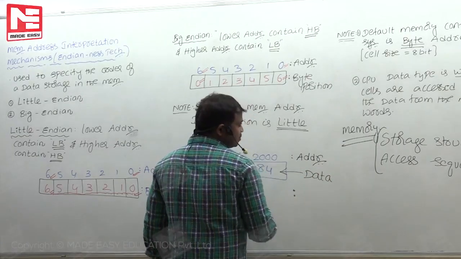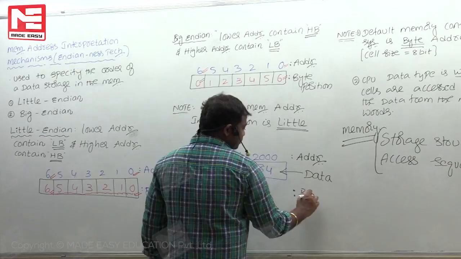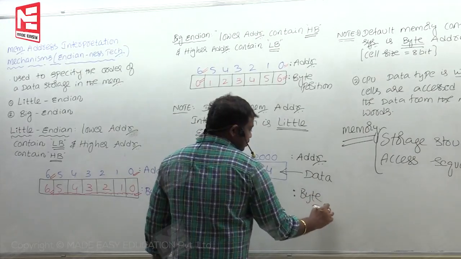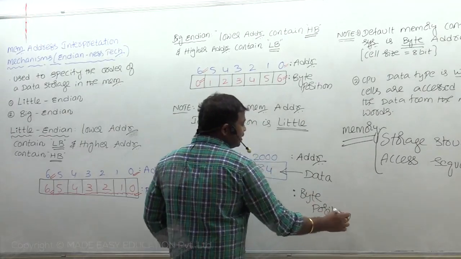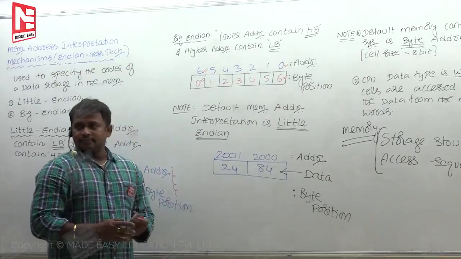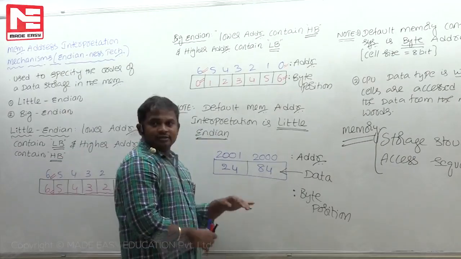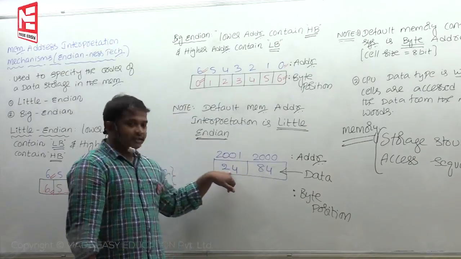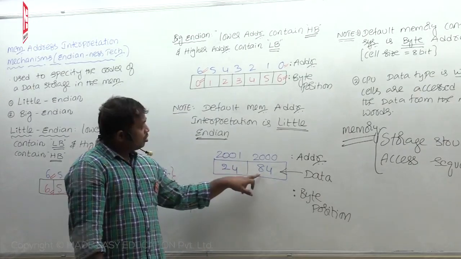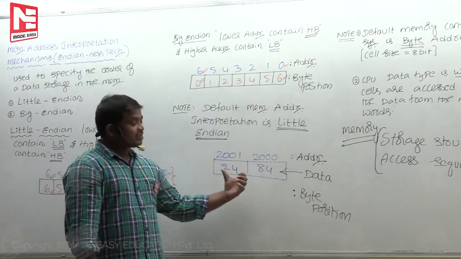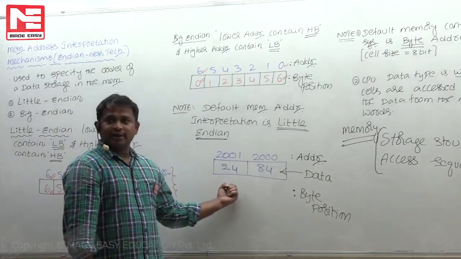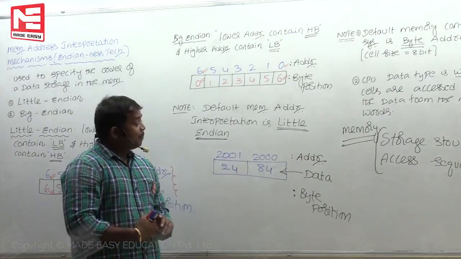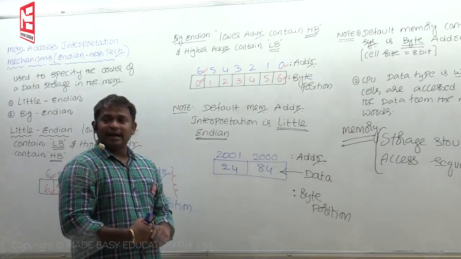Now we are going to specify the byte position. Byte position depends on the address. So don't think that 84 is a higher value and 24 is a lower value, so based on the weight we can say it is the higher byte or the lower byte. That is not correct. Byte position depends on the address.